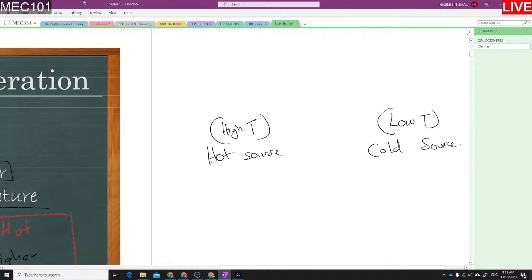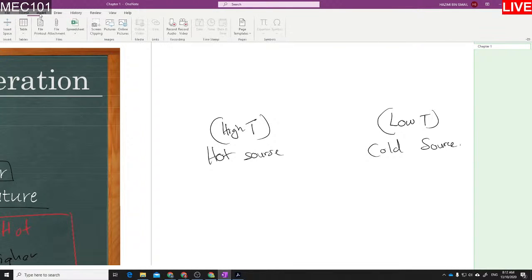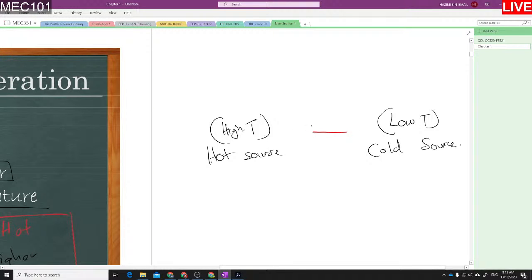Low temperature region means the cool source, and we transfer from high to low.